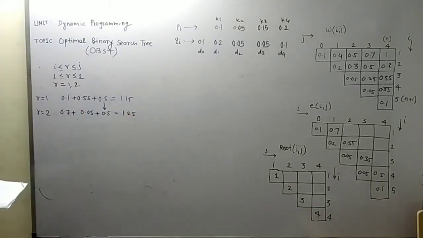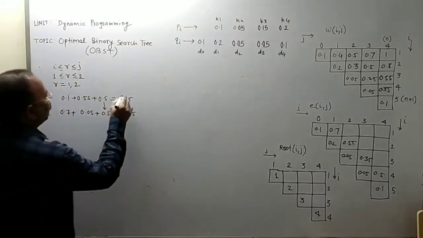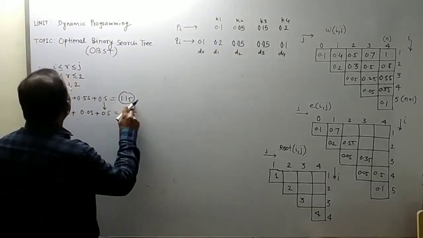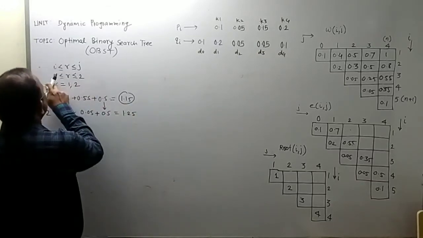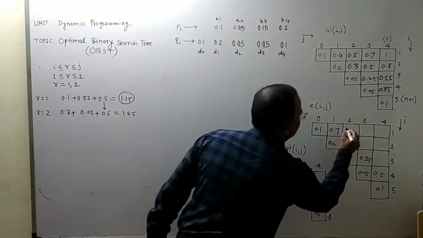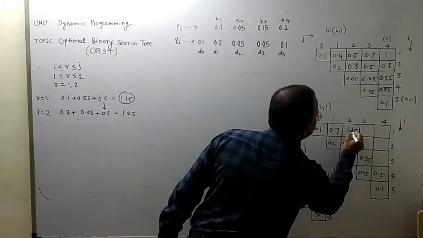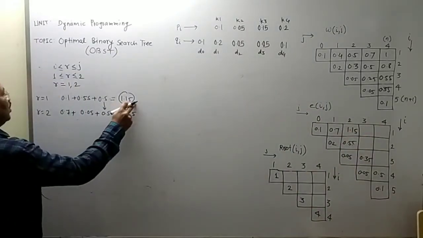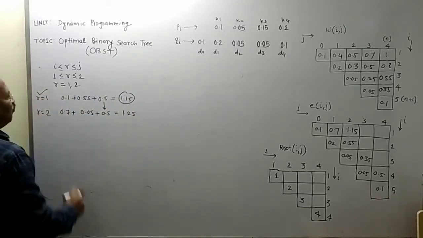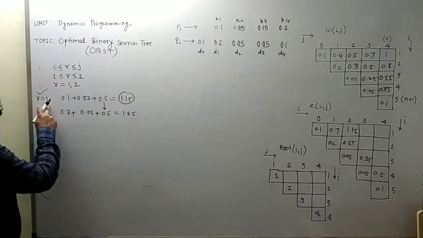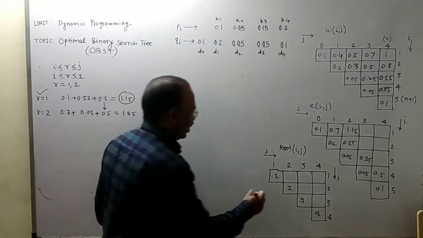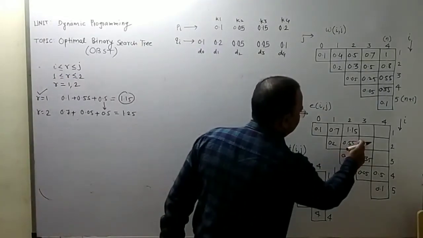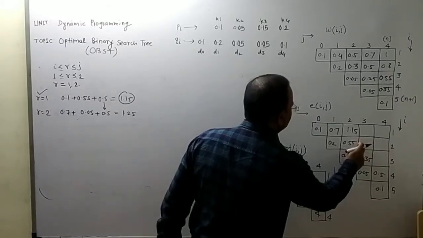So out of these two values the minimum is 1.15. So write 1.15 at 1, 2 position. We have got 1.15 for R equal to 1. So put 1 in the root table at this position. Now try to get the value for this cell.